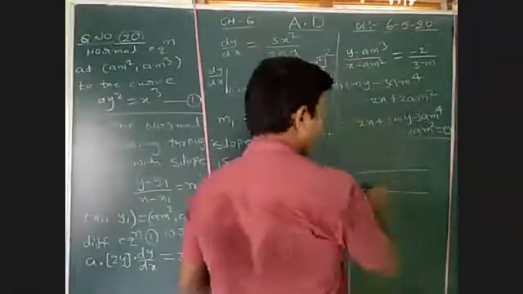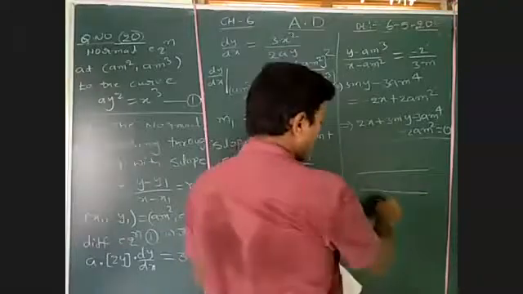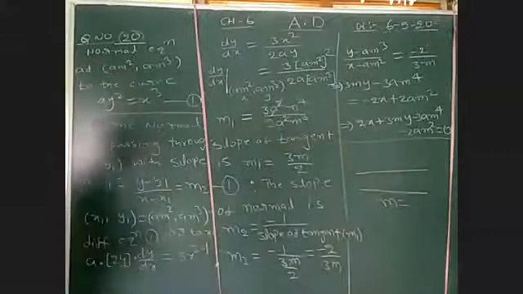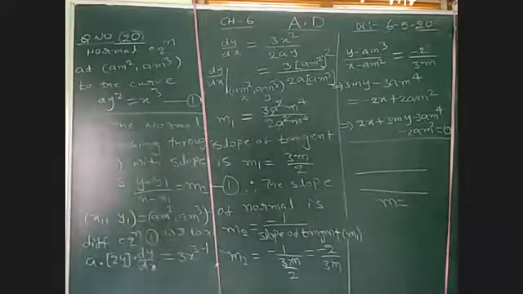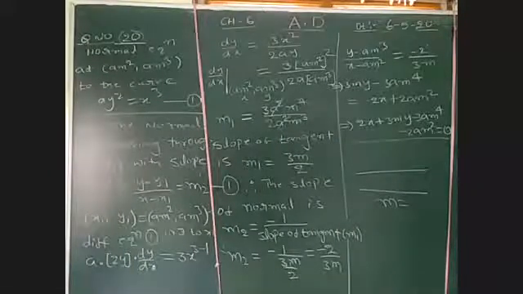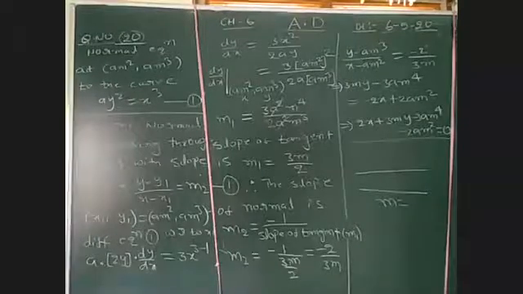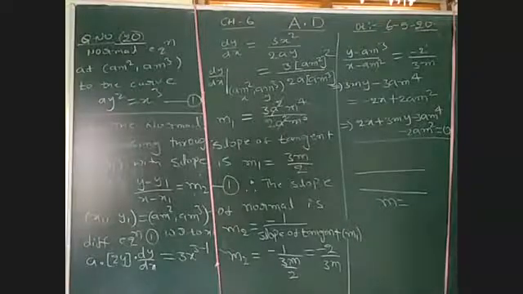First from the line equation we will get slope, then slope of normal also same. Just we need to find the point where the normal will intersect to the given curve. That is important.